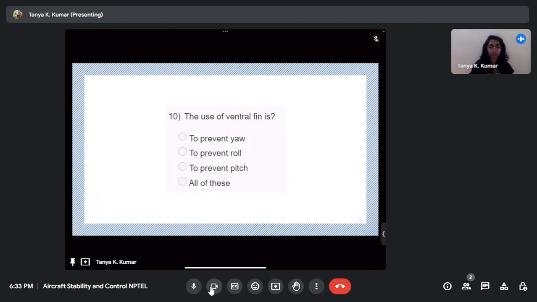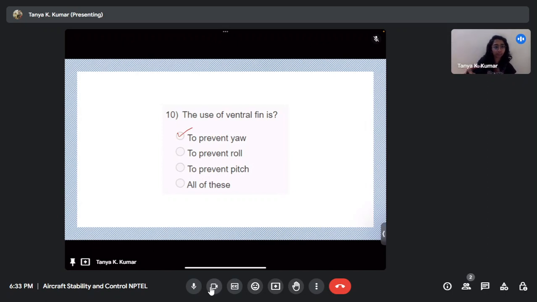Provides a yaw damping, right? So it is to prevent yaw. It is not to prevent yaw as such. It is to provide a damping towards the undesirable yaw during a spin. So if it has this ventral fin, then it can recover from the spin. Okay.